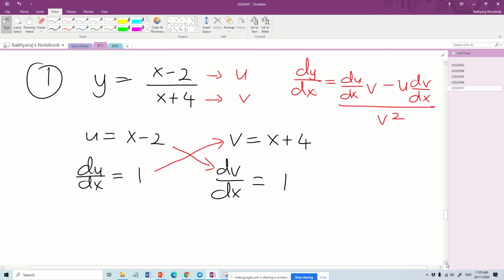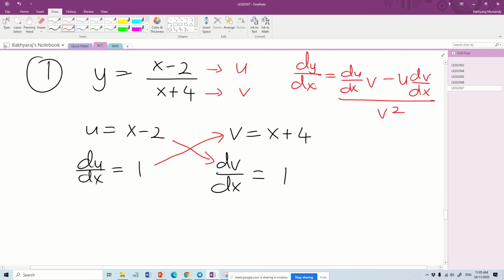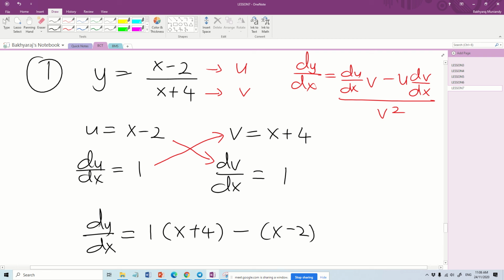Okay, so we get dy dx equal 1 times x plus 4 minus, careful sekarang mesti kena dapat tolak, minus, and then x minus 2 times 1.